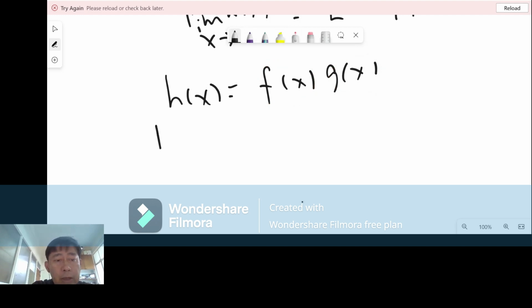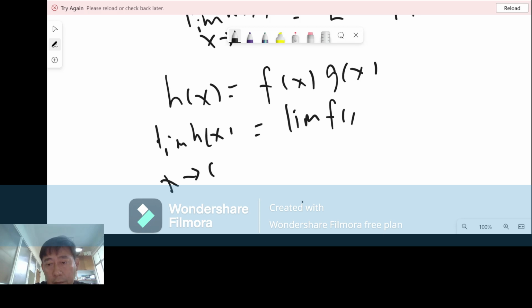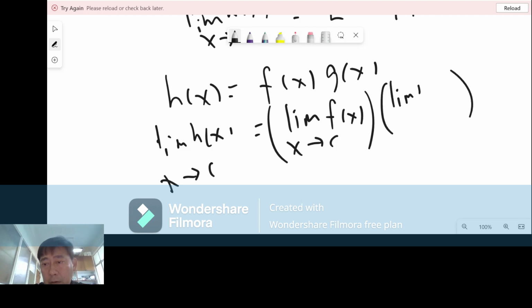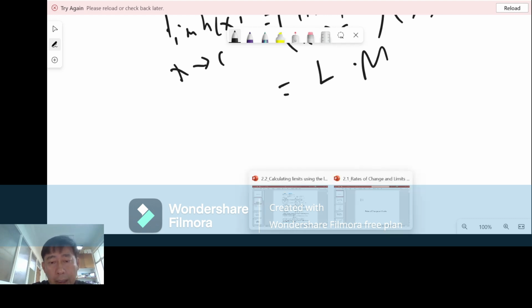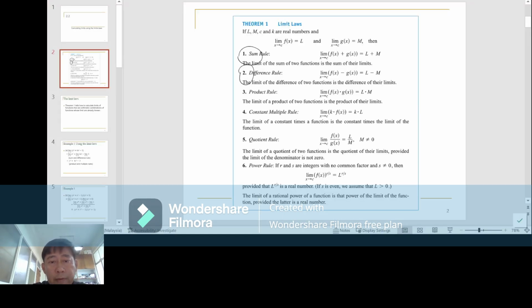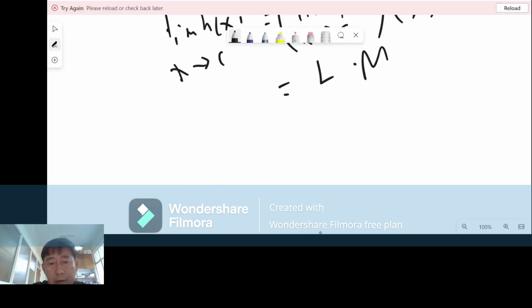If you write it down, the limit of h as x tends to c is the limit of f as x tends to c multiplied with the limit of g as x tends to c, which is just L times M.